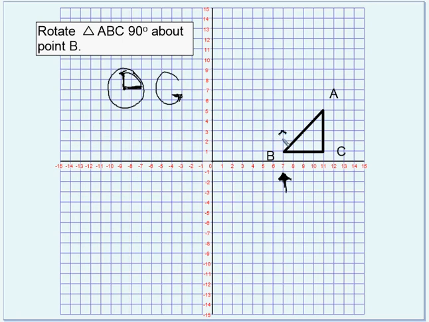This line segment right there makes a 90-degree angle with segment BC. So this is the trajectory that C will be on, and it has to be 1, 2, 3, 4 away from B. So 1, 2, 3, 4 away from B is going to be point C prime. Now A from C is going to be 1, 2, 3, 4, 1, 2, 3, 4 in this direction here.